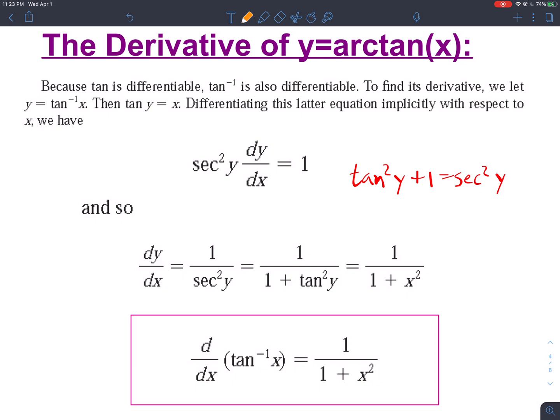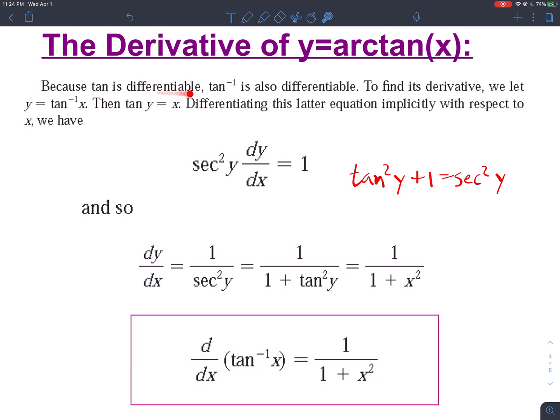I've got this already printed and worked out, so you're going to take a few moments and write it down. Our job here is to prove why the derivative of inverse tangent is 1 over 1 plus x squared, as you see in the box at the bottom. Let me walk through it very quickly.